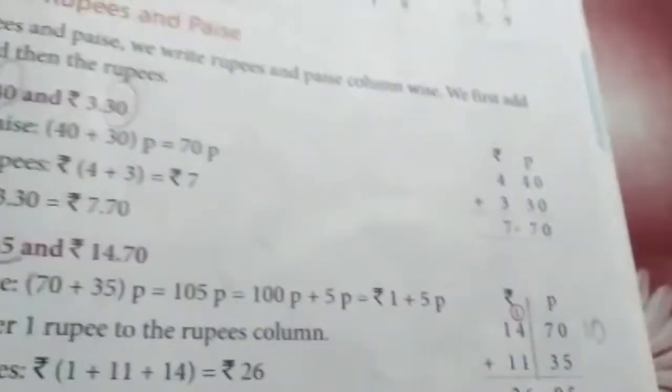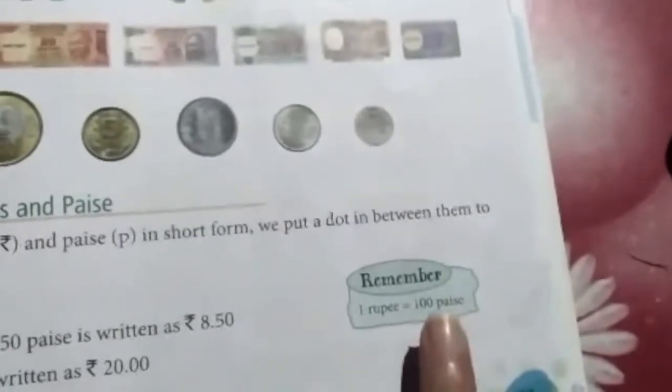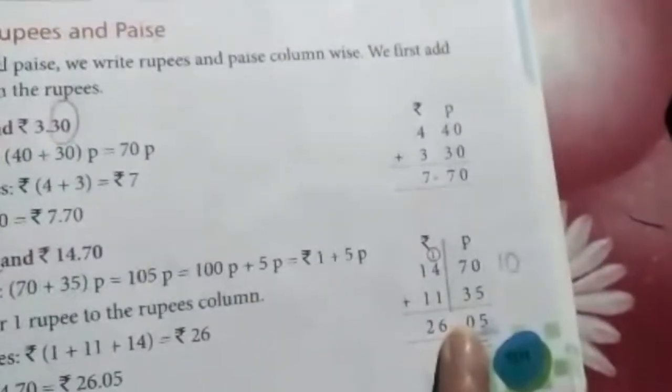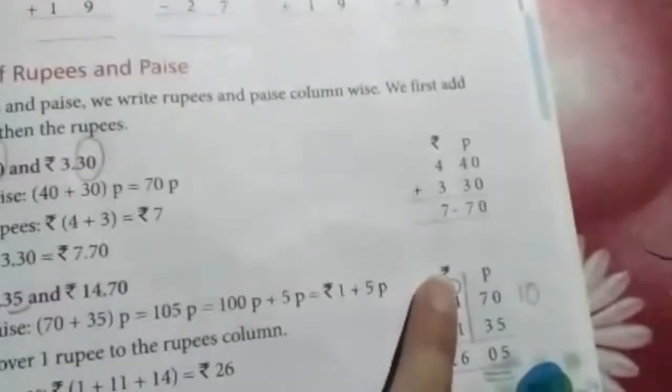It's written in your book: 1 rupee is equal to 100 paise. Every time you remember this. So I will not write 105. Instead I will write 5 and carry 1 to the rupee part.